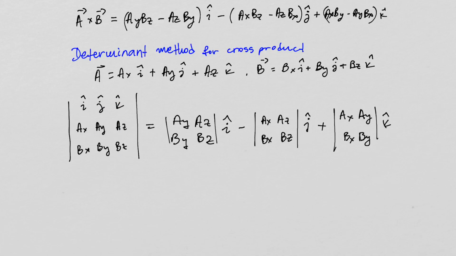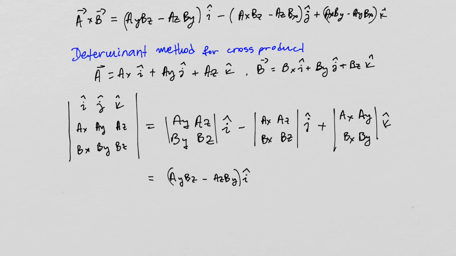Now I can calculate those determinants. When we're calculating 2 by 2 determinants, first we multiply the terms on the diagonal that starts from top left to bottom right corners. And from the product of those two, we subtract the product of the terms that start at the top right towards bottom left.